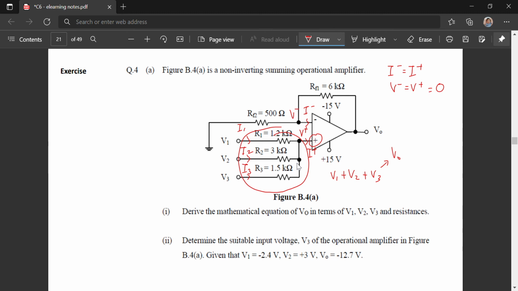For this, we need to write KCL at node V minus and also at node V plus.